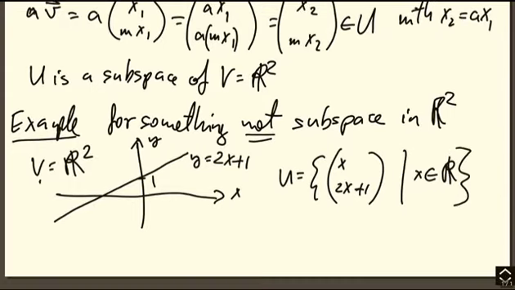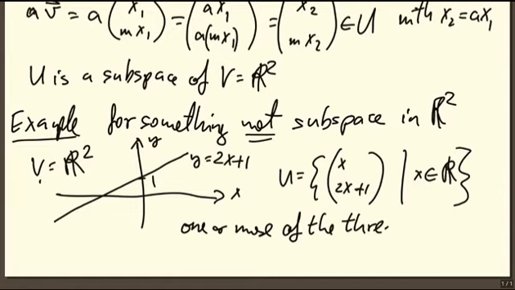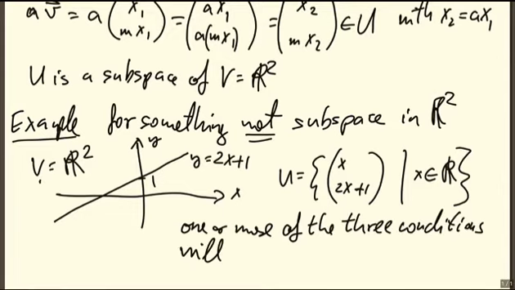So why is this not a subspace? If this is not a subspace, then one of the three conditions should fail, or maybe more. One or more of the three conditions will fail.